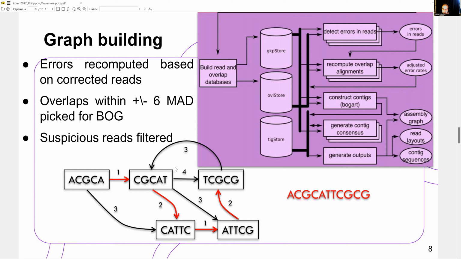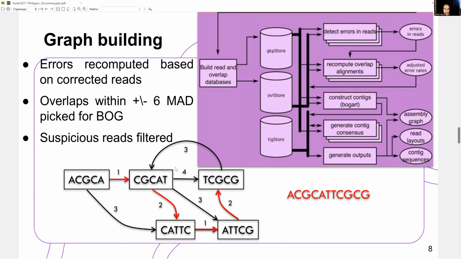And at this point, there is also a need for a procedure of placing the reads, including the suspicious ones, on these probable contigs.